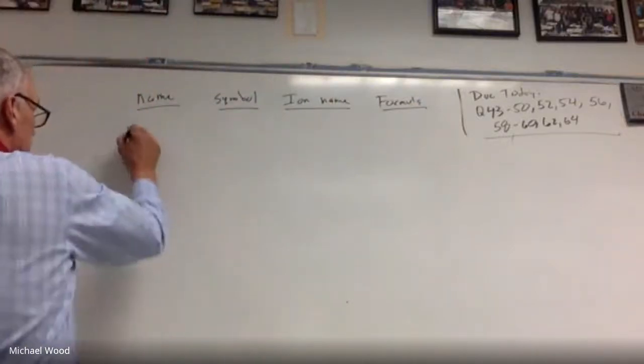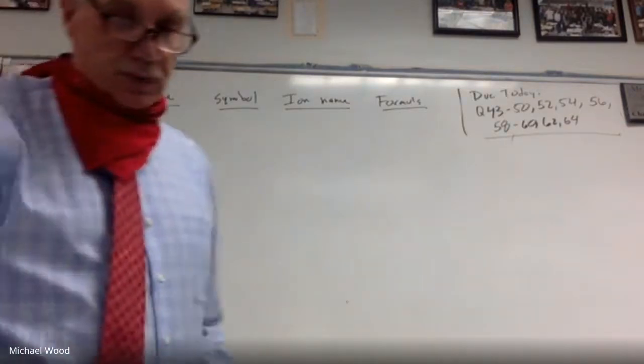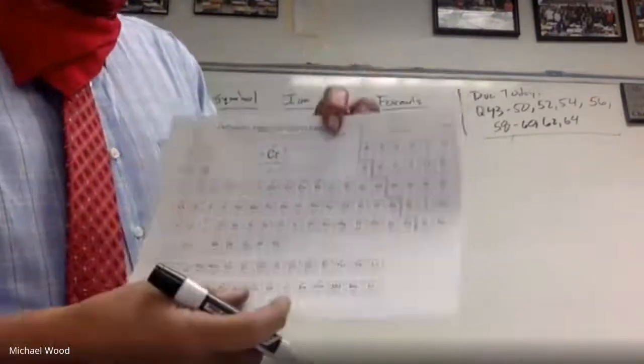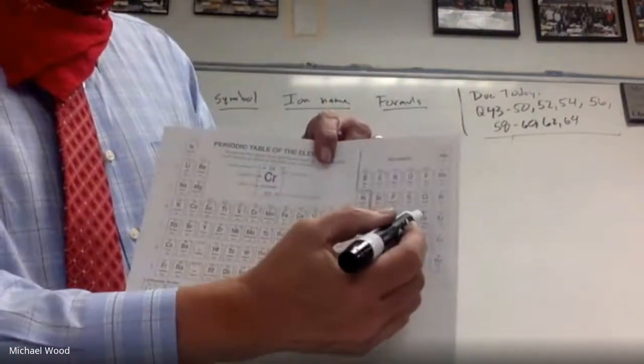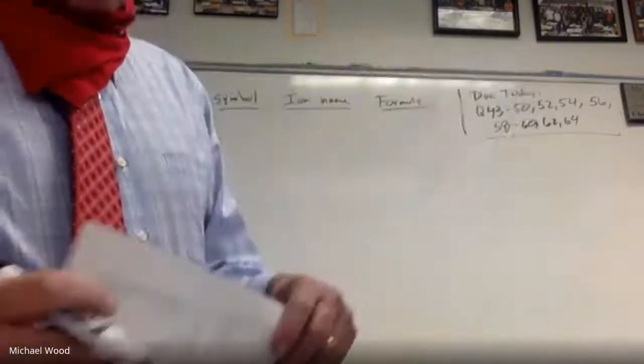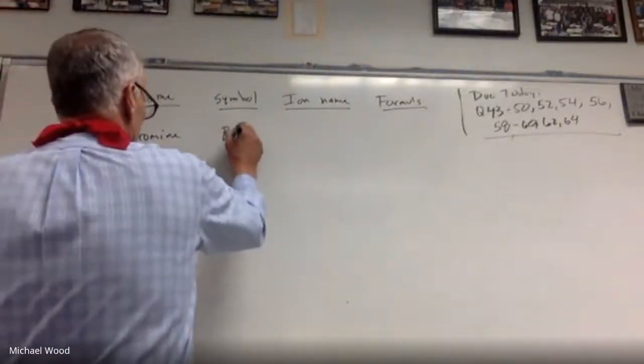So bromine. This is where I'm going to be using the periodic table. And so I'm going to go here. And again, you guys will be learning these. Bromine's an element we'll talk about quite a bit. Bromine is right there. You can see it's got a -1 in its upper right-hand corner. So its symbol would be Br.